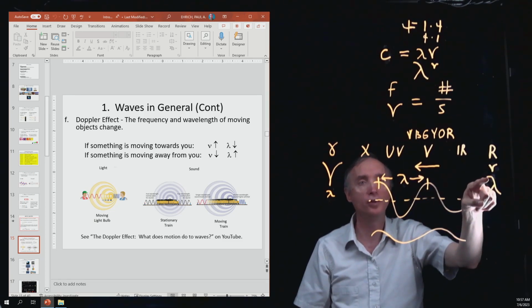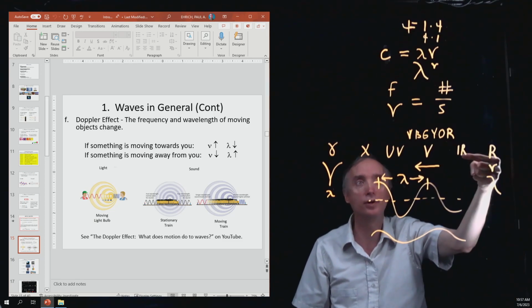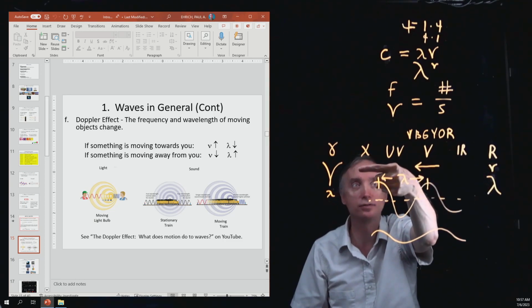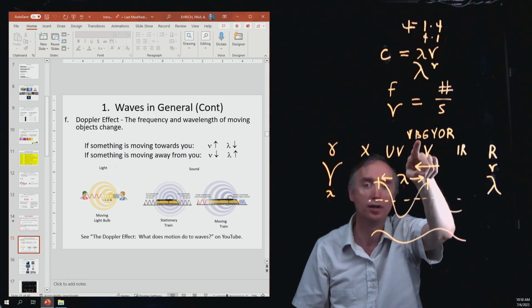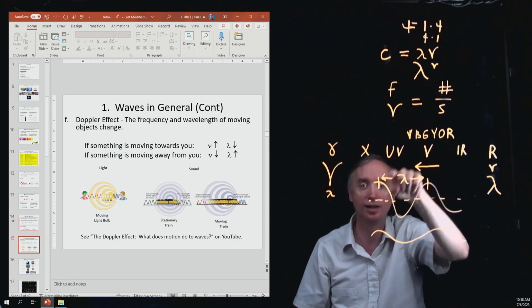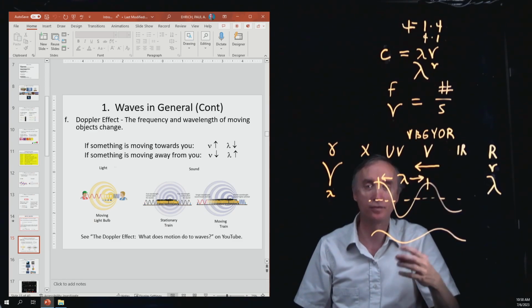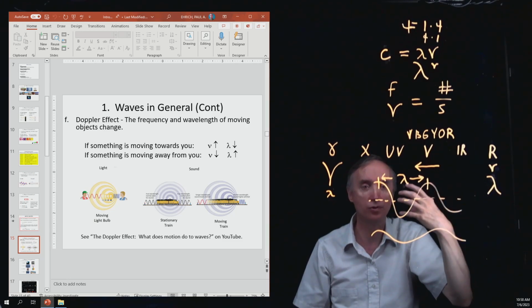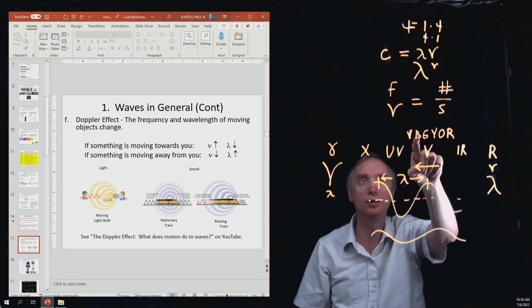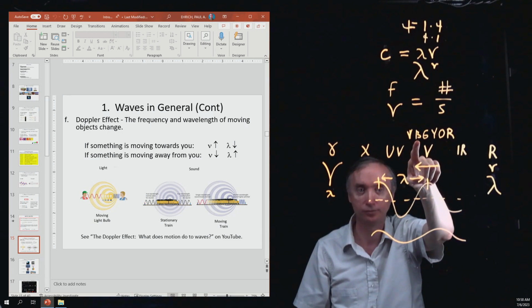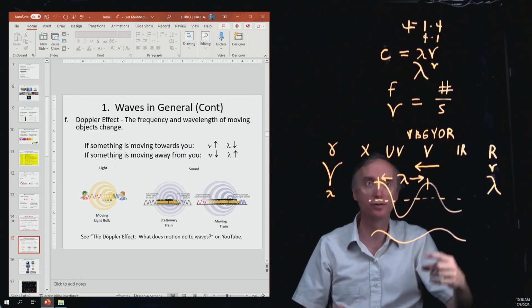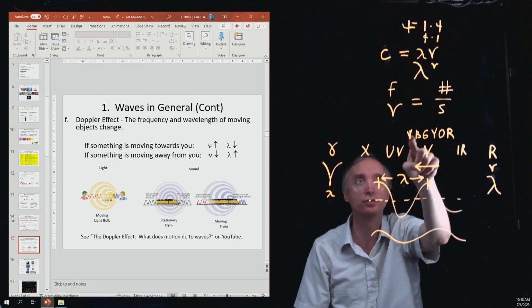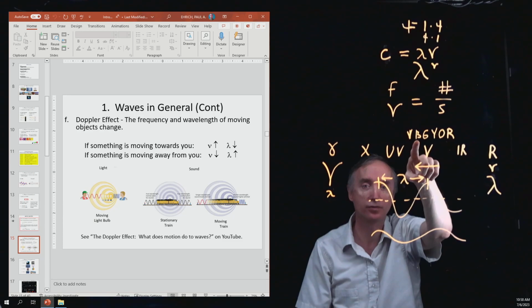If the frequency goes up, it's going towards the blue end of the spectrum, so we say it's blue shifted. If the source of a wave is moving towards you, the light is going to become more bluish. It may not actually be the color blue, but its color is going to shift towards the blue end of the spectrum.